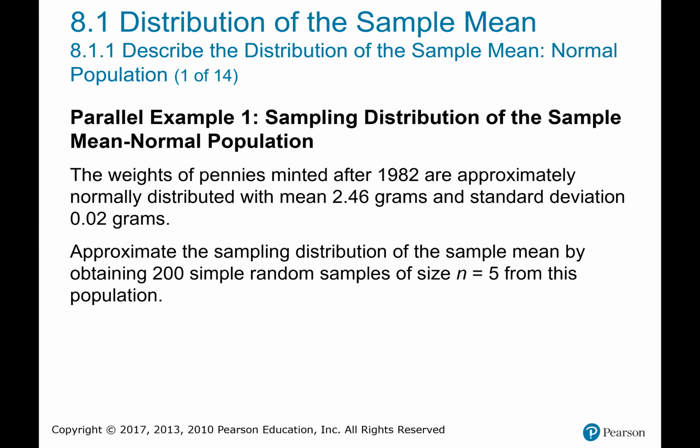So I'm going to take a simple random sample of size n equal 5, then another simple random sample of size n equal 5, and I repeat this until I obtain 200 simple random samples. Each one is unique, so they are distinct. Let's do it.